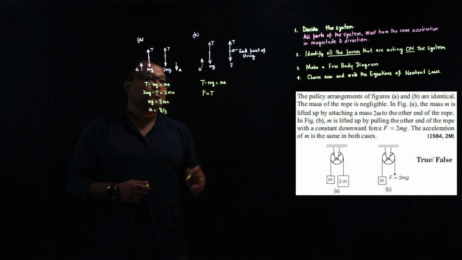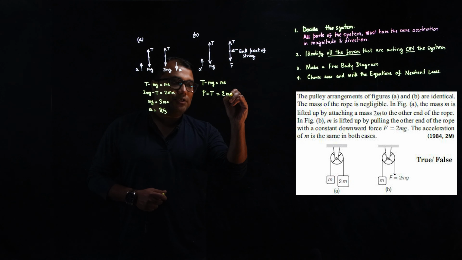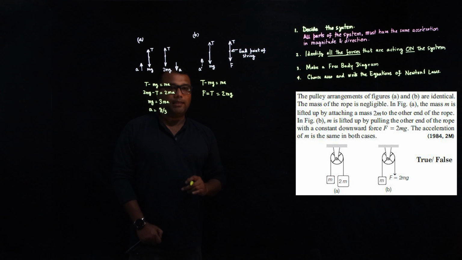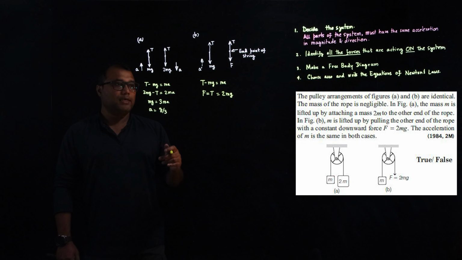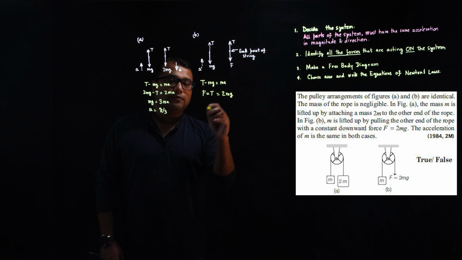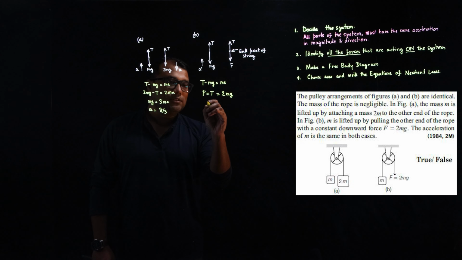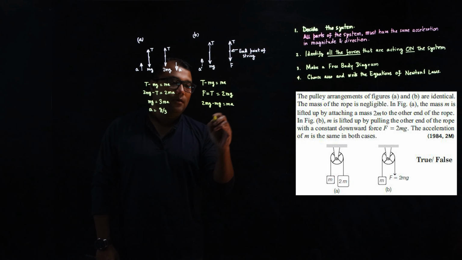Now F, they have mentioned, is 2 mg. It can be anything, but in this example they have mentioned 2 mg. So if we add up these two equations, basically we replace T with 2 mg. So 2 mg minus mg equals ma, or mg equals ma, or a equals g.